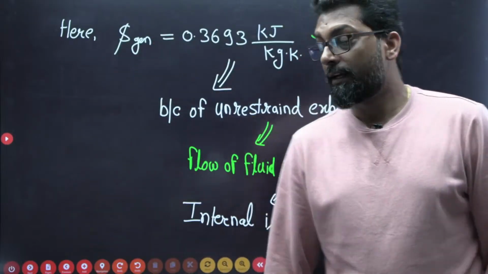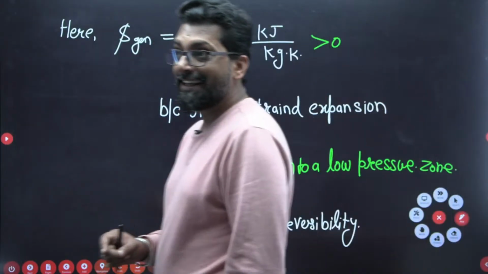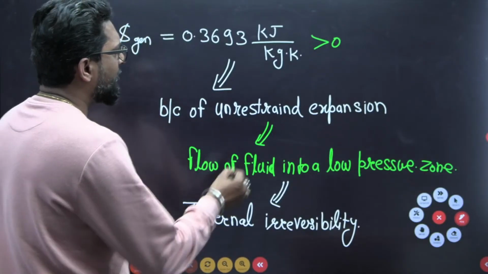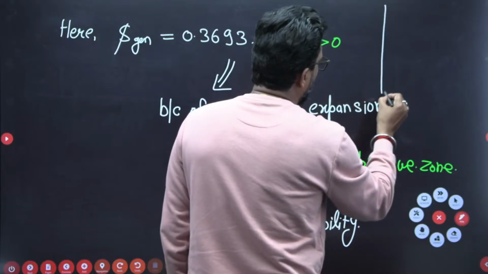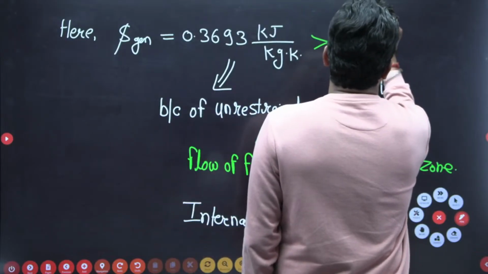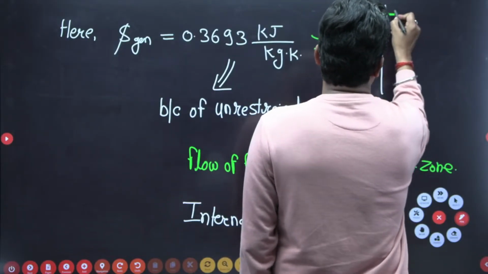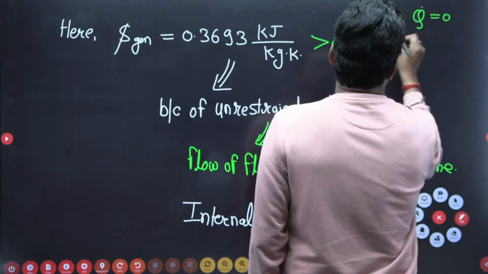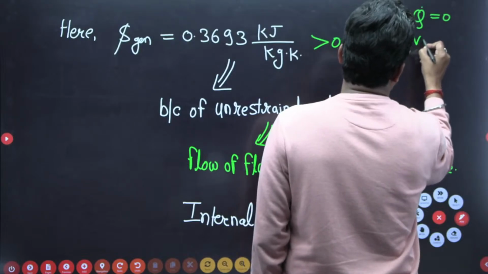So throttling is a highly irreversible process. Keep some points in mind for throttling. During throttling, no heat transfer. During throttling, no work transfer.